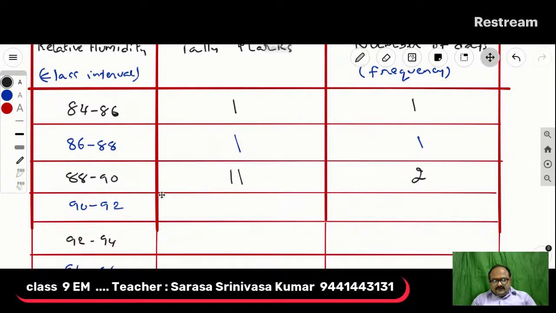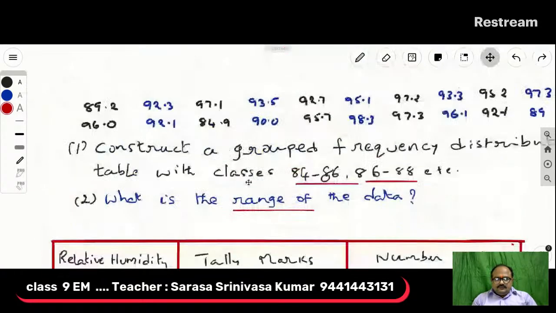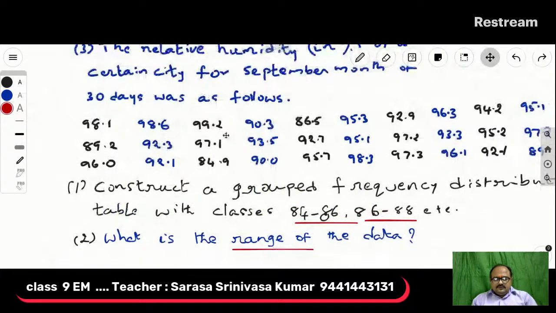Now we consider the class interval 90 to 92. Here 90.3, and here is also 90.